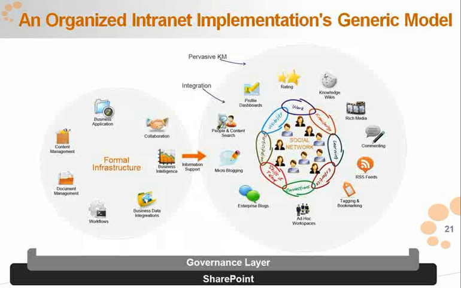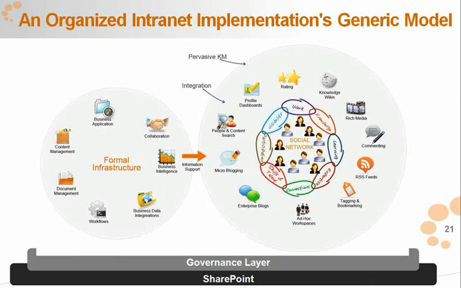And how does it happen? It happens after people start using the profile dashboard, microblogging, tagging, RSS feeds, and commenting. It happens only after that. And everything over here leads to pervasive, qualitative knowledge management. When the formal infrastructure integrates with the informal, it creates a layer of SharePoint.